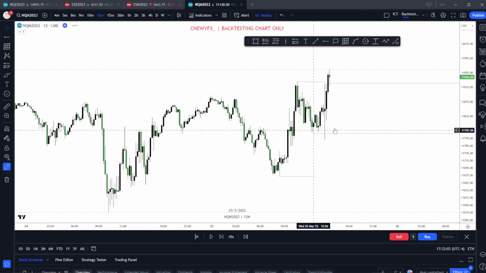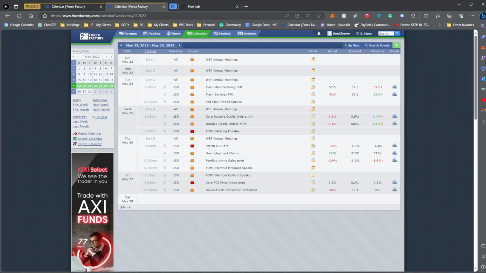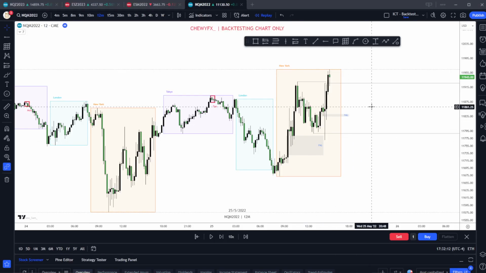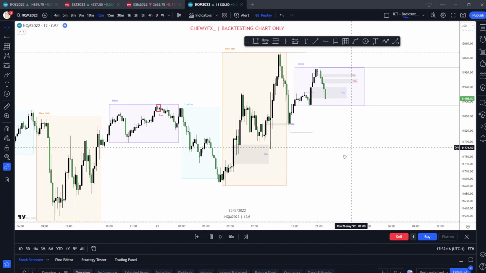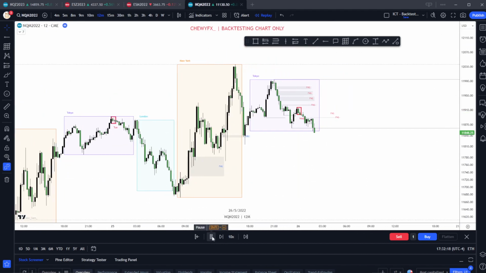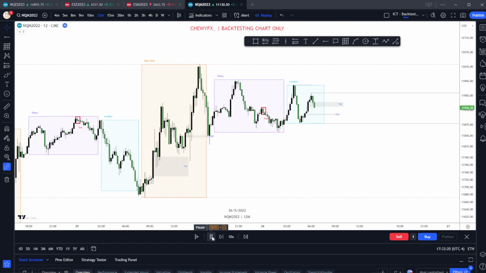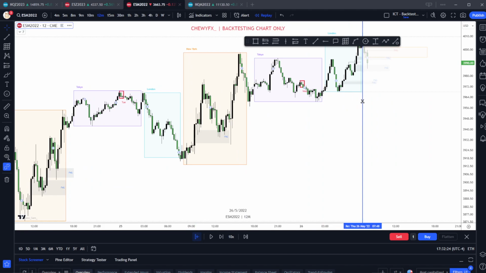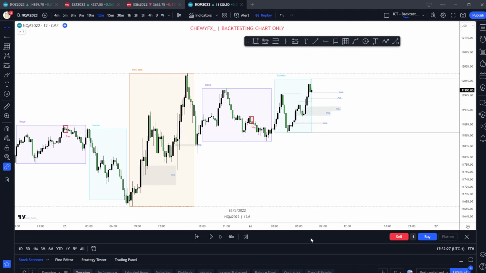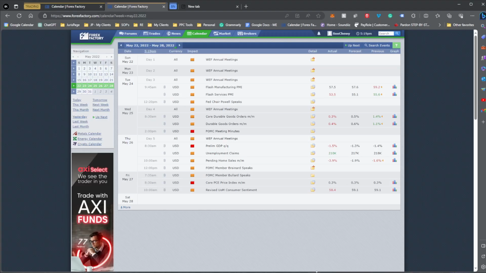Anyways. Okay, taking a look at Thursday, GDP at 8:30. We got a little bit of news, but it is what it is. So, let's go over to Thursday. Alrighty, we need to mark up our news buffers.